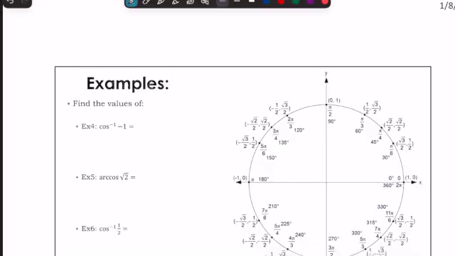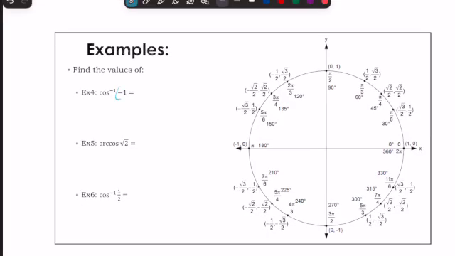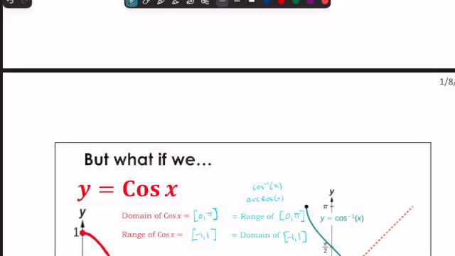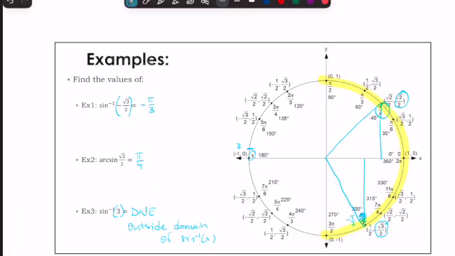Cool. So let's look at some actual values. If I look at cosine inverse of -1, well, where is cosine -1? It's over here at pi. So that would equal pi. So remember, when we're doing inverse sine or arc sine, we're saying, okay, if this is the side length here, what would be that angle measure?